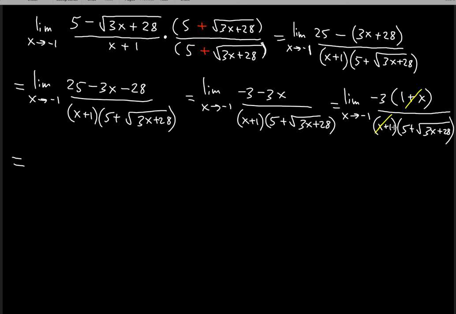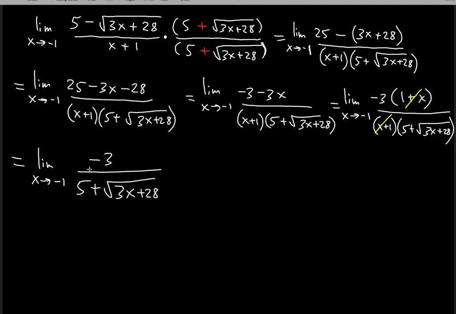That's the same thing. It doesn't change the quantity, just like multiplication. Addition is commutative. So as a result, we get only minus 3 on the top, and here we get no x plus 1 anymore, so we get 5 plus square root of 3x plus 28.